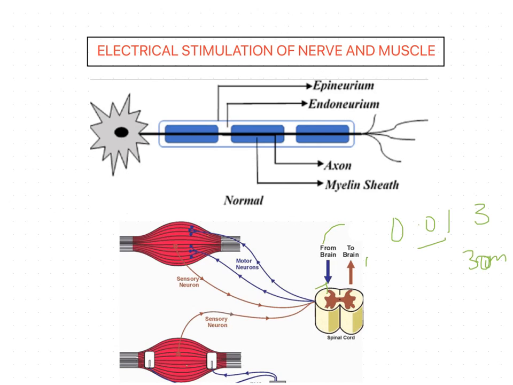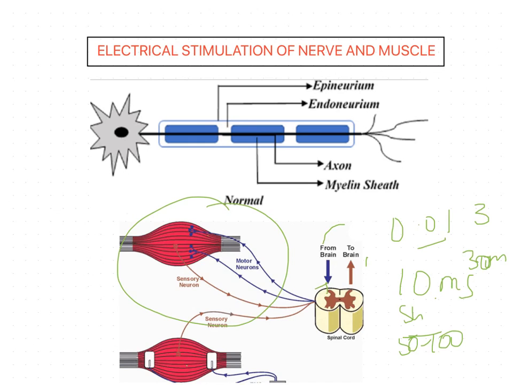Impulses with a duration of less than 10 milliseconds may be classed as having a short duration, and these are used for stimulating normally innervated muscle. Such impulses are said to be Faradic type. The repetition rate of the impulses is great, usually 50 to 100 per second.